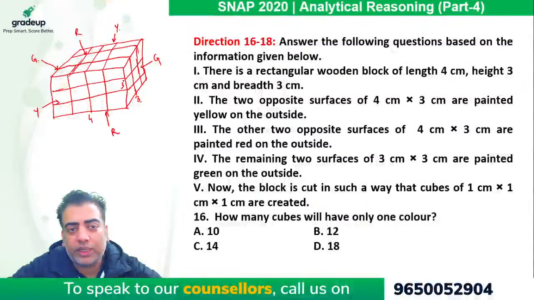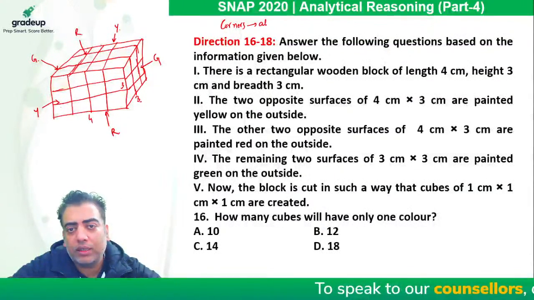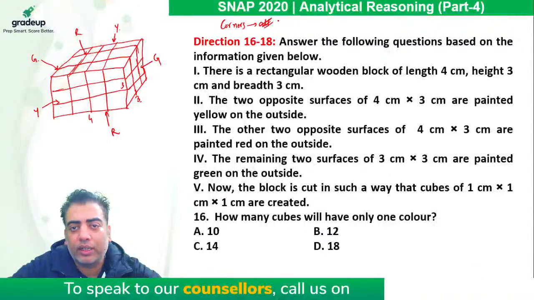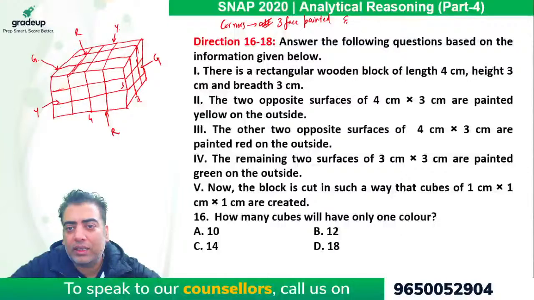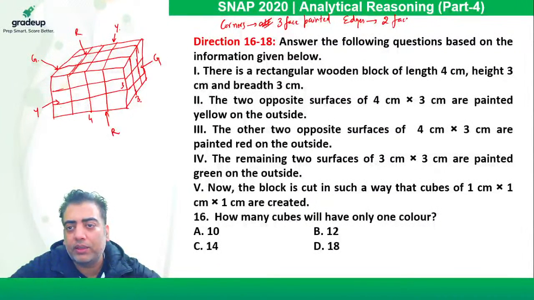Please always keep in mind that the ones at the corners have all three, rather, instead of writing all, I should write three face painted. The ones along the edges are the ones which have two faces painted.